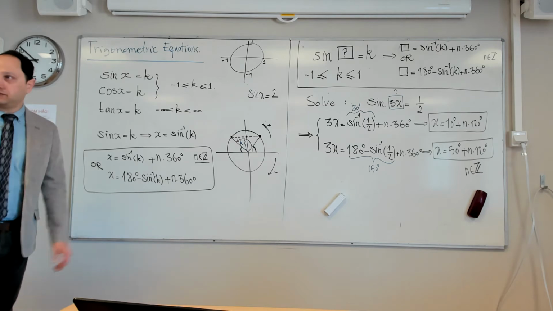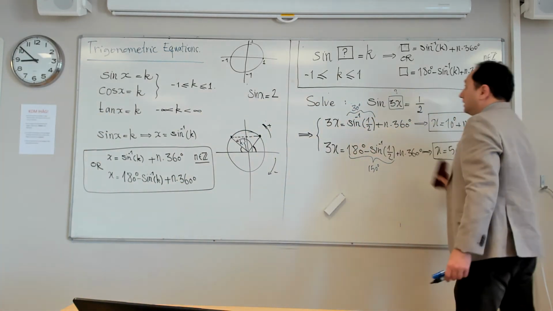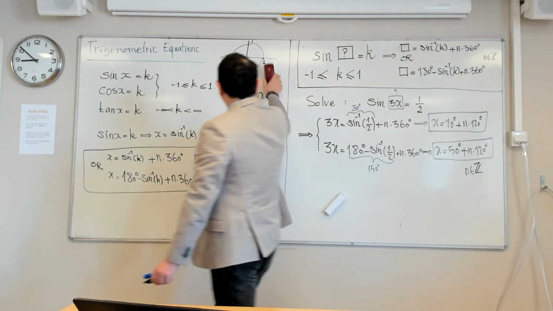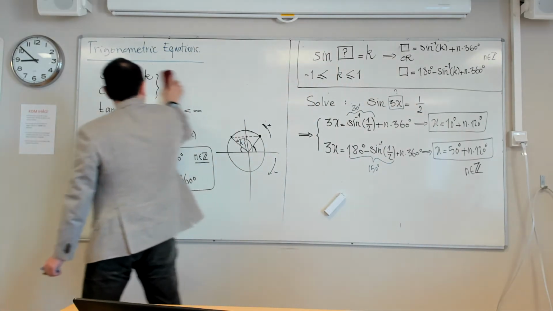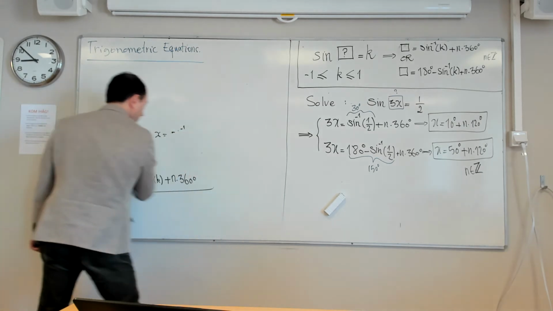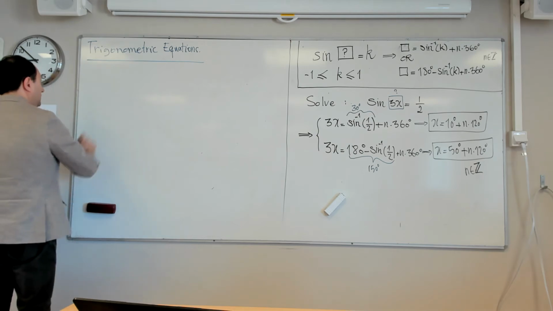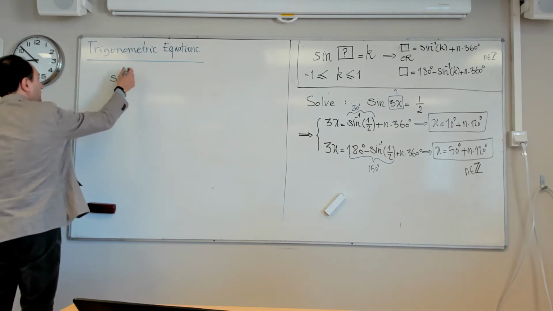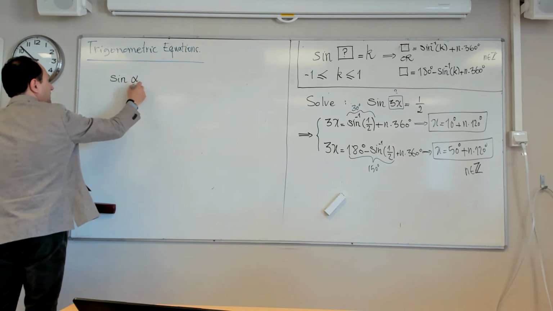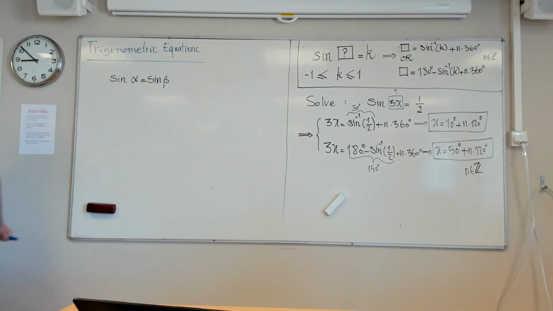Is that understandable? Okay. Now, I want to actually make it a little bit more interesting. Let me ask you one question. If someone tells you that sine of alpha is equal to sine of beta, because you know that some functions are like this.